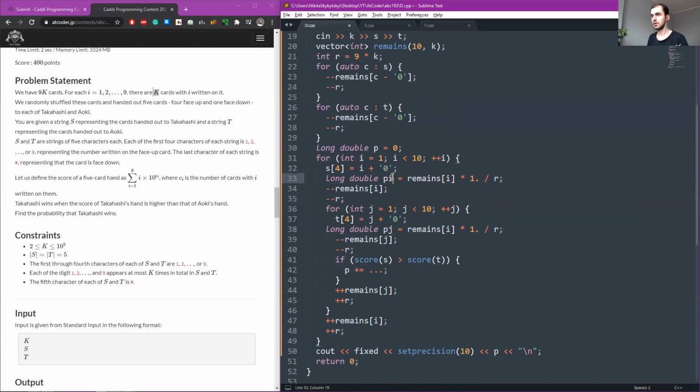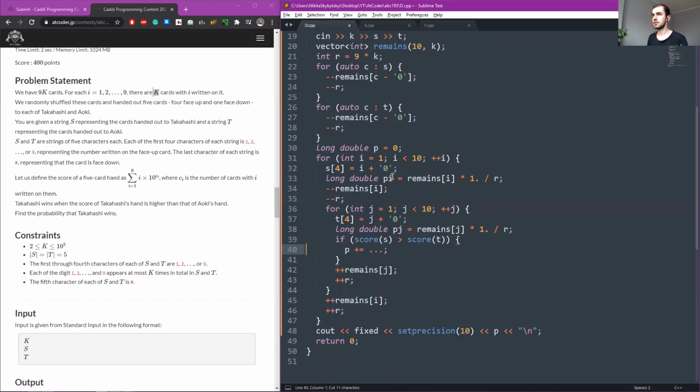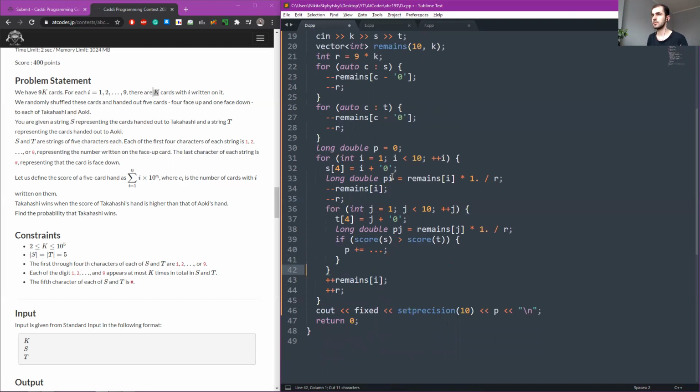Let's make the names reasonable. Here we actually don't have to change remains, right? This is completely useless. And I believe that this, no, okay, this is important because I might be equal to J.